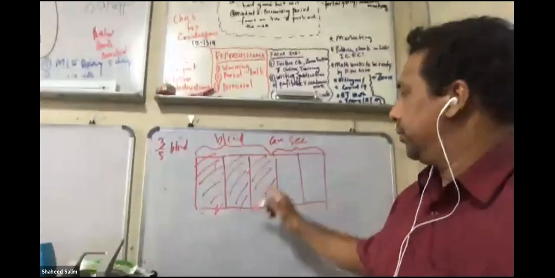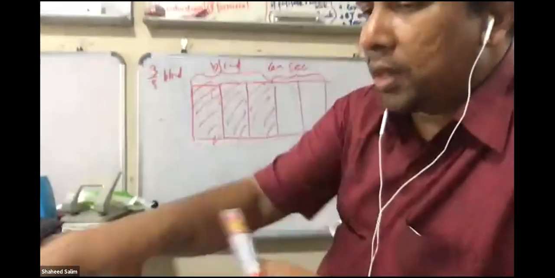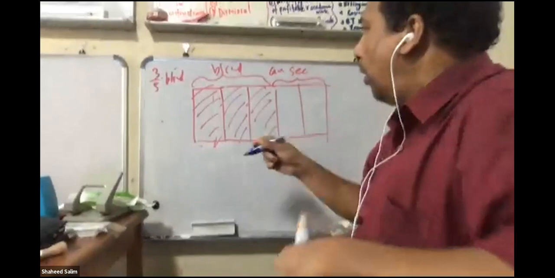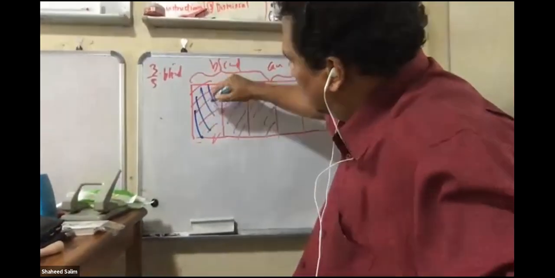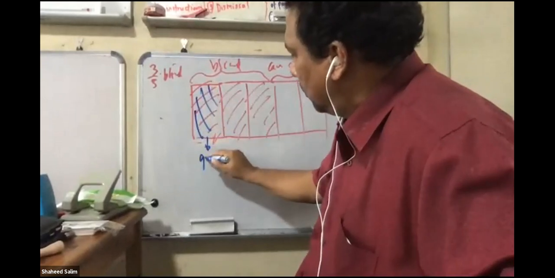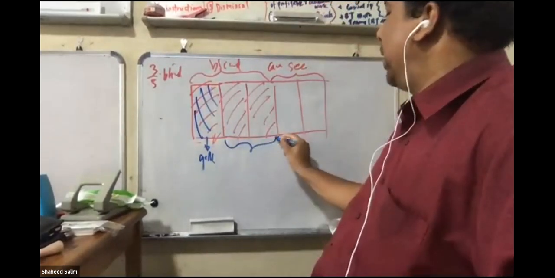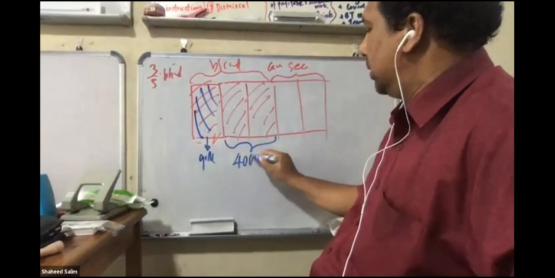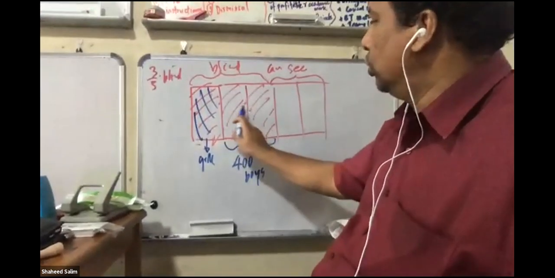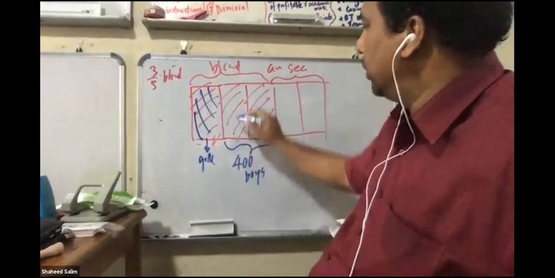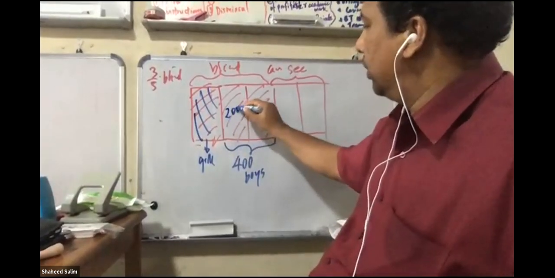First step is this. Second step now, they tell you 1/3 of the blind. So now there's 3 parts. 1/3 down here are girls. Means this 2/3 are boys, and they tell you it's 400 boys. So 400 boys divided by 2 units, 1 unit is 200.